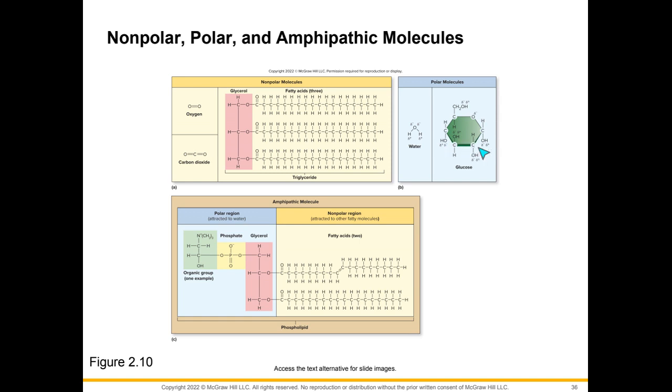Polar molecules like to interact with water, right? So you put sugar in tea, water, the sugar would dissolve, right? And it likes to interact.